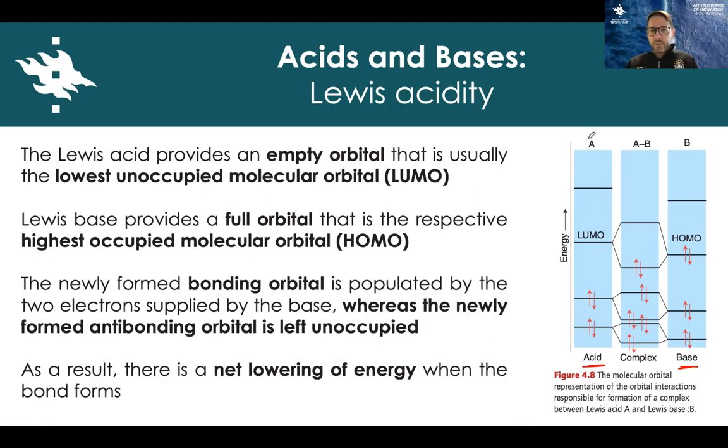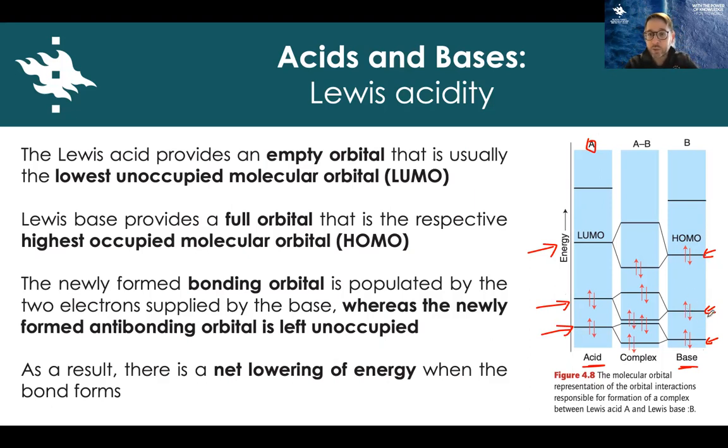So when we have the acid with its molecular orbitals, and here the base with its molecular orbitals, we fill these molecular orbitals the same way that we fill atomic orbitals, with 2 electrons per orbital, for example.